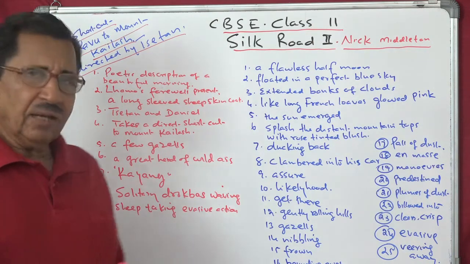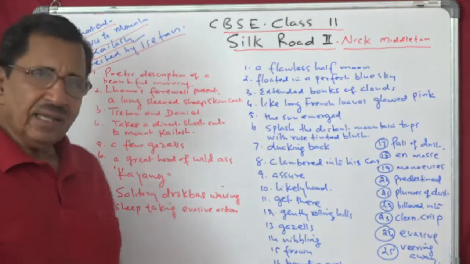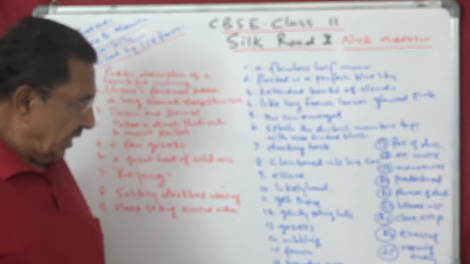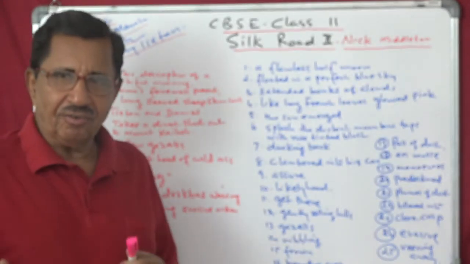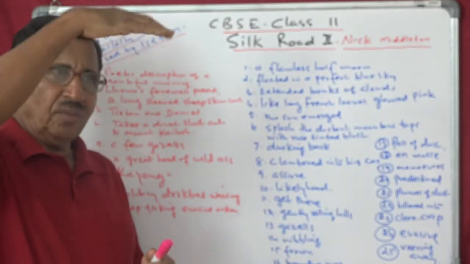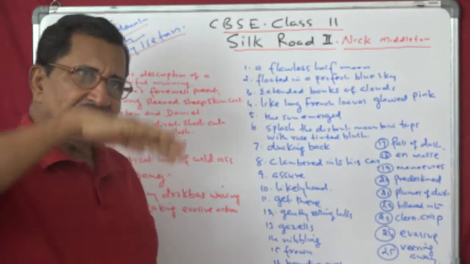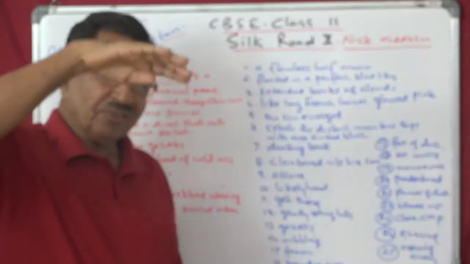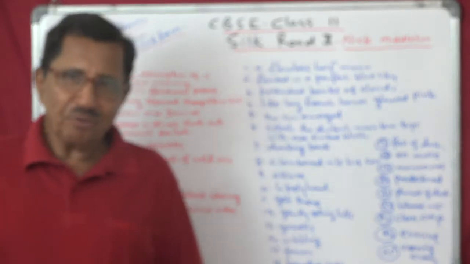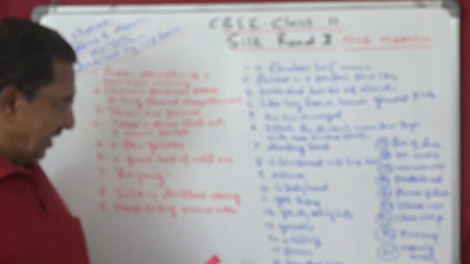Likelihood, possibility. Get there, reach there. Gently rolling hills. Hills don't roll, but you find one hilltop, then a valley, and the next one, and the next one. So that is rolling, gently rolling hills, isn't it?